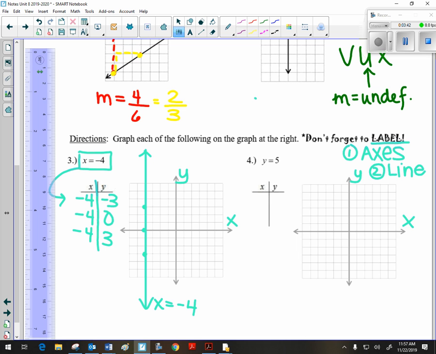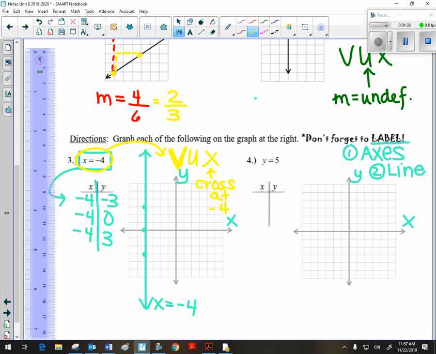The other way to graph this line, and some of you may find this easier, is to say that because this equation only has an x in it, it's considered a VUX line, which tells you that when we draw it, we're going to draw it vertical, which we did, and it should cross that axis, the x-axis, at -4.